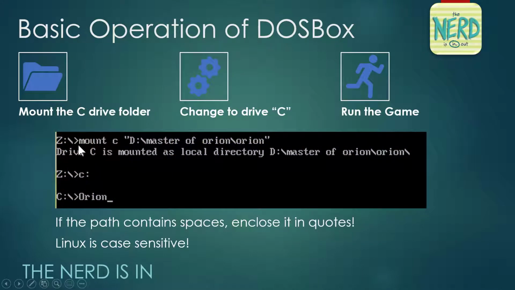I have to mount a folder on my hard drive as disk drive C of the DOSBox emulator. And typically we're going to mount the folder of the game. Then we're going to change to disk drive C just like we would do with MS-DOS. And then we're going to type in the name of the game to run the game. So let's look at this.